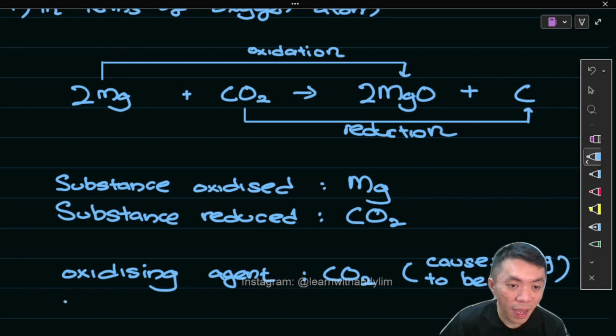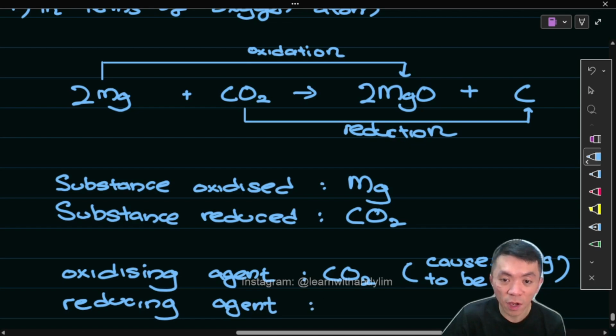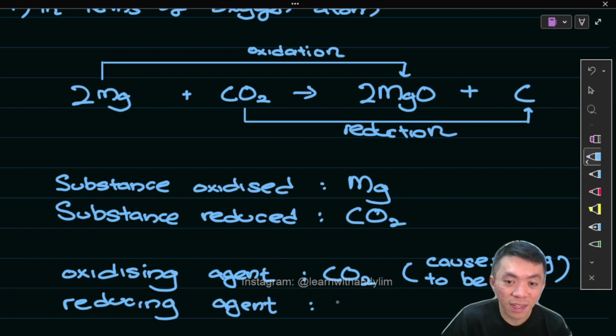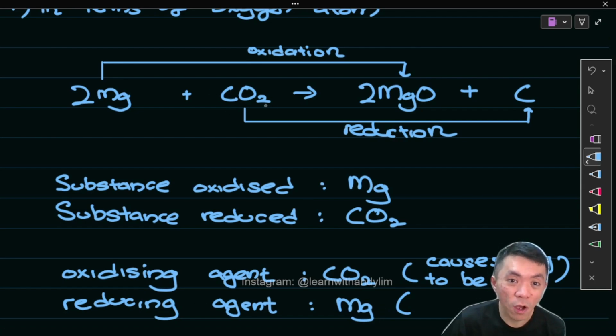All right, and then I have my reducing agent. Of course, if my carbon dioxide is my oxidizing agent, my reducing agent will be my magnesium. Explain why magnesium is reducing agent. Magnesium causes carbon dioxide to be reduced.